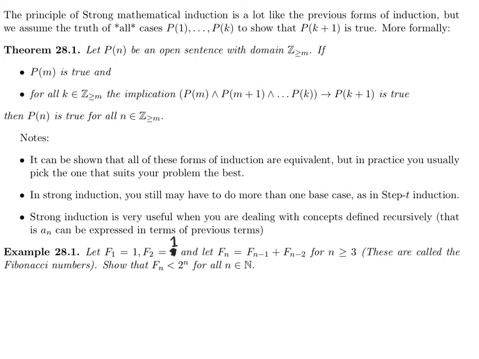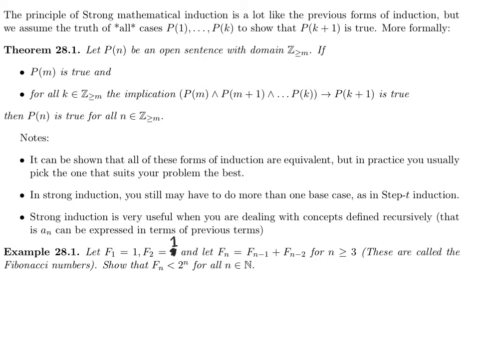So basically, the idea is that we're going to do a base case again for our least element in our domain. And for our assumption, instead of assuming that for some k, if pk is true, then pk plus 1 is true, we're going to assume that pk is true and all values less than k as well.